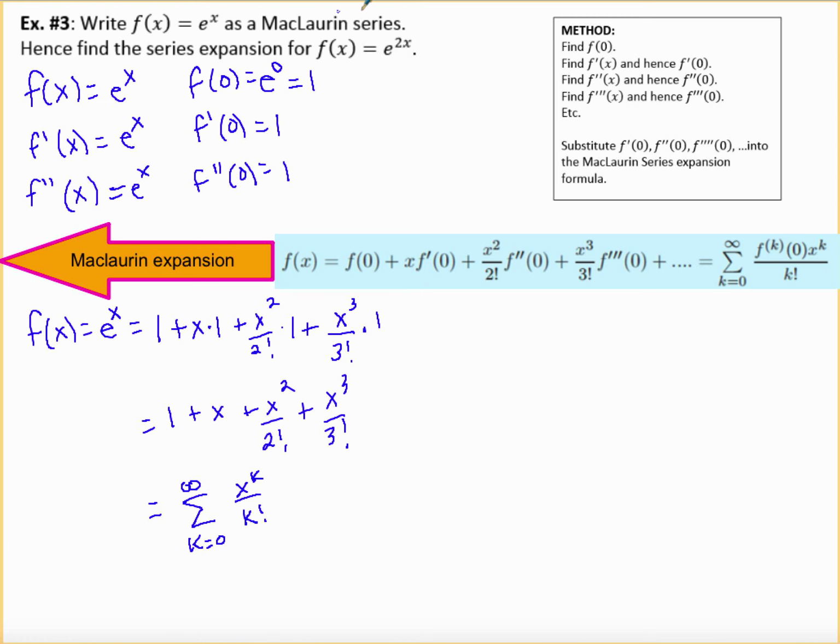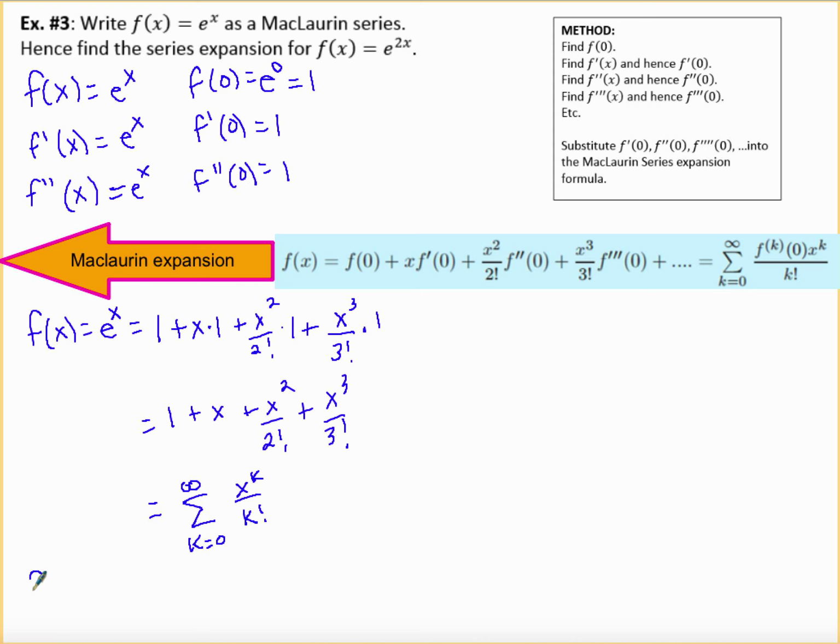Of course, we're not going to stop there, because now we need to find the series expansion for f of x is equal to e to the 2x power. And that just means we're going to substitute in a 2x for every x that we had up here.